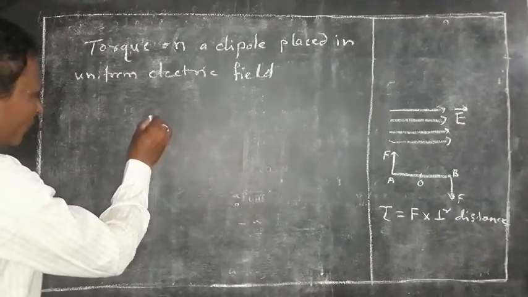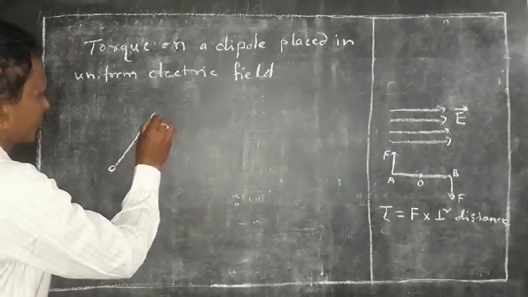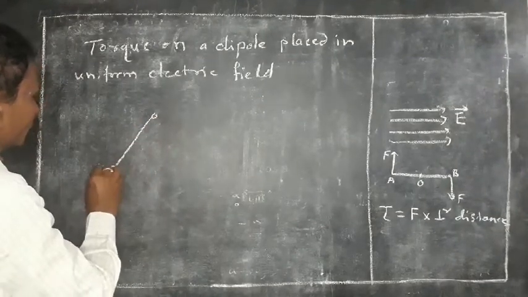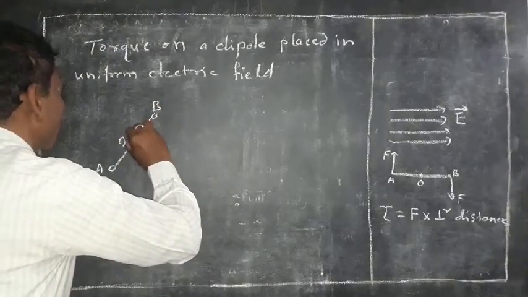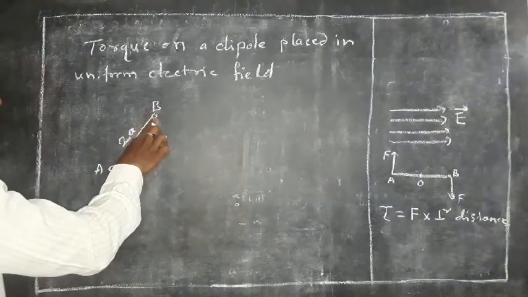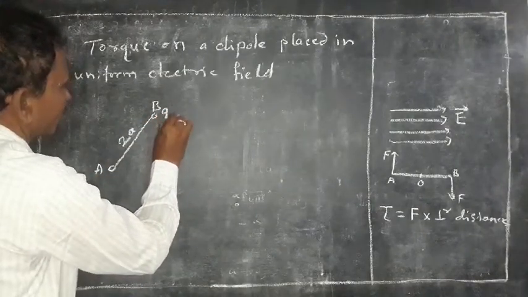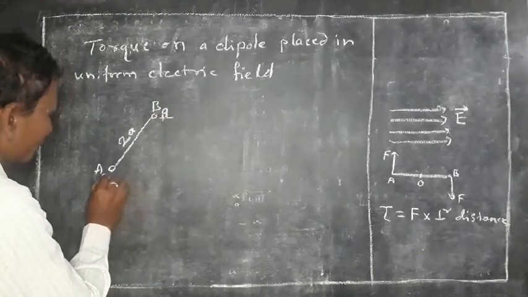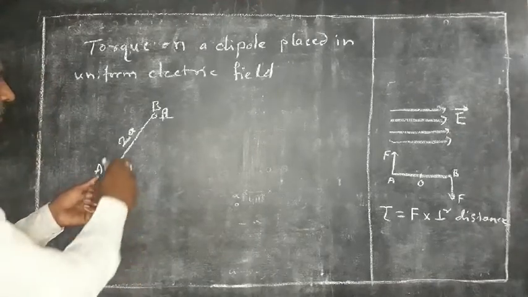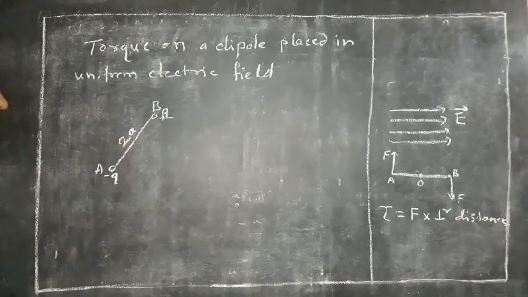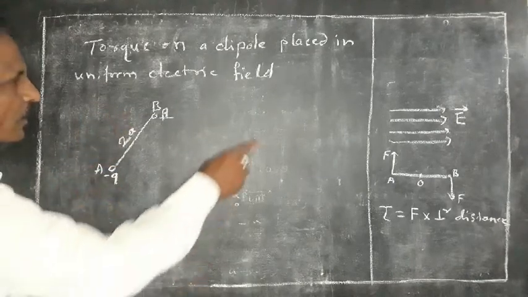Consider a dipole AB of length 2A, with plus Q and minus Q at points A and B. Now this dipole is placed in a uniform electric field.